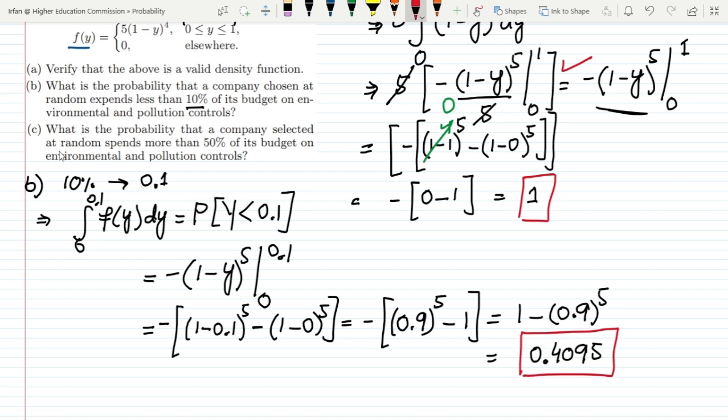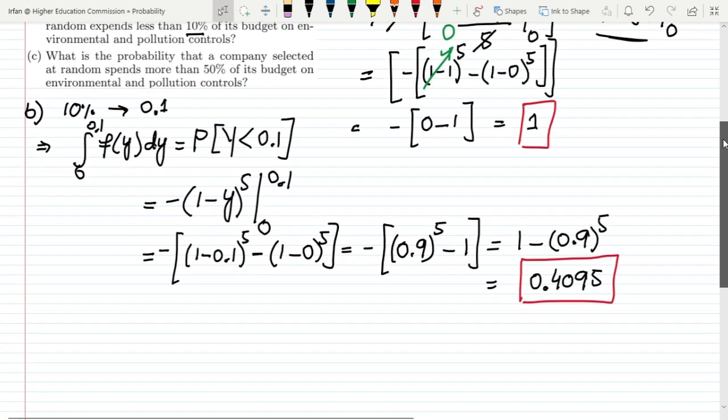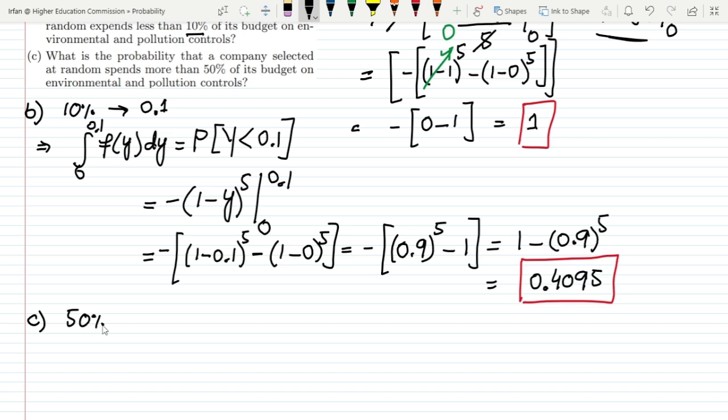Now moving to part C of my question: what is the probability that a company selected at random spends more than 50% of its budget on environmental and pollution control? Here the case is slightly different, because I have to select the budget which is 50% or more than it. So in order to write it, this 50% is the lower range, which is 0.5.